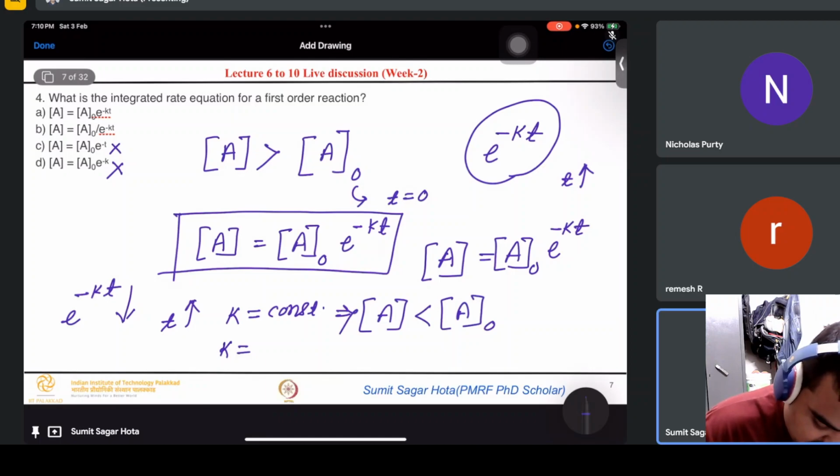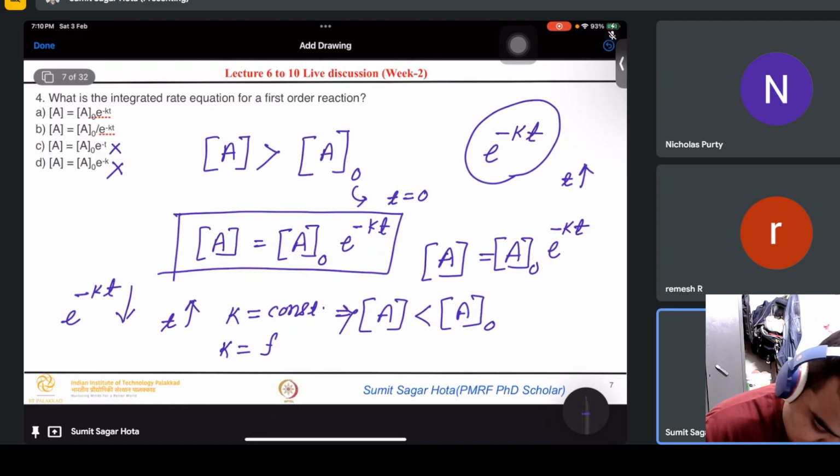Always remember k is always a function of temperature. For example, it can be e to the power minus 5t or plus 5t, some expression which is a function of t.